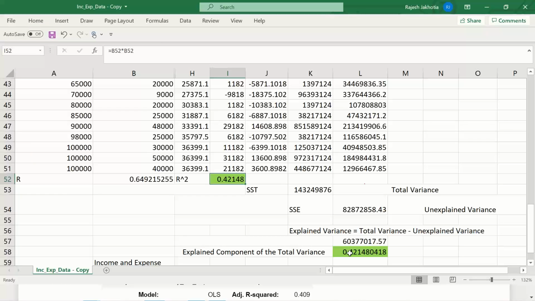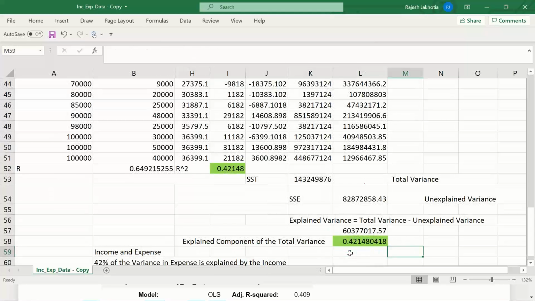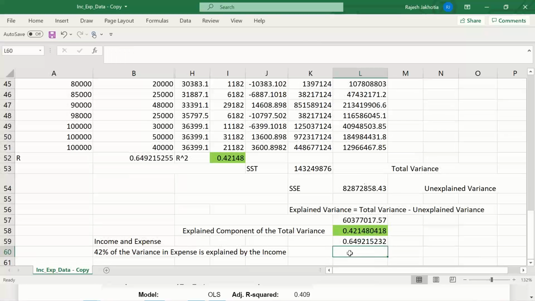So basically, R squared is the explained component of the total variance, and if I do a square root of the R squared term in a simple linear regression, it gives me the correlation between the independent and the dependent variable.